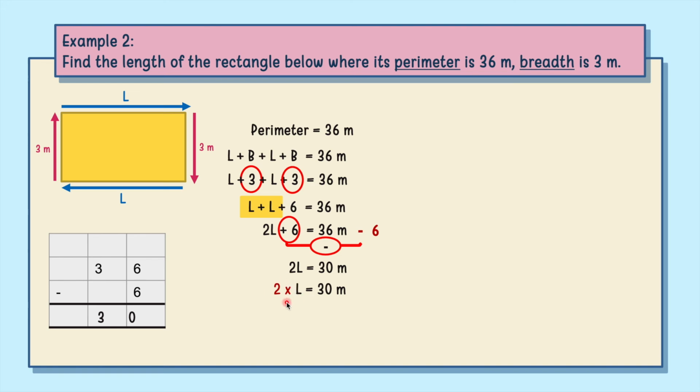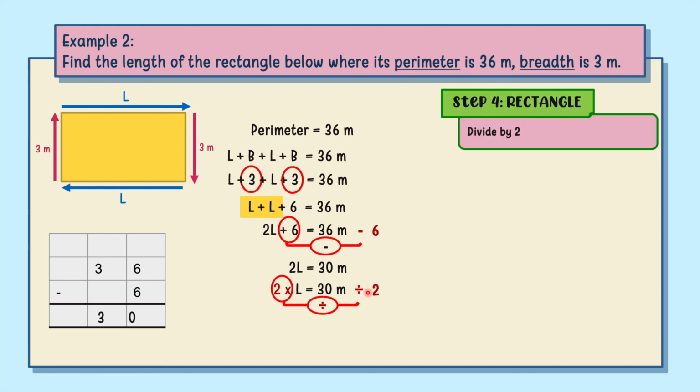So 2 times, we move to the other side. So what is the opposite of times? The opposite of times is divide. So we're going to divide that. So divide by 2. So your step number 4, we need to divide this by 2.